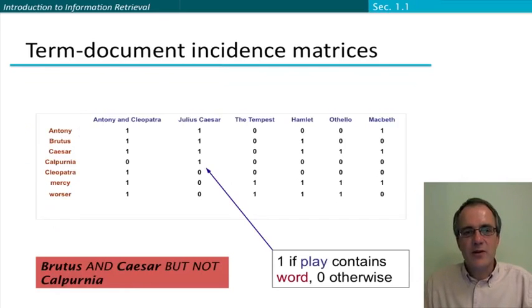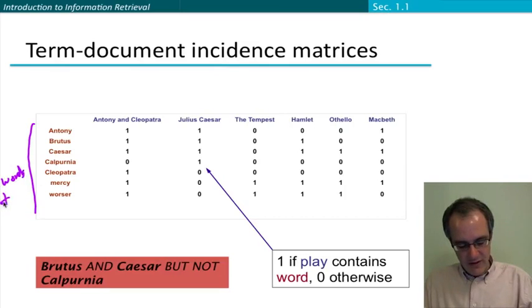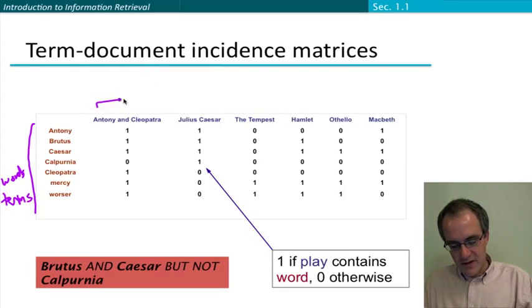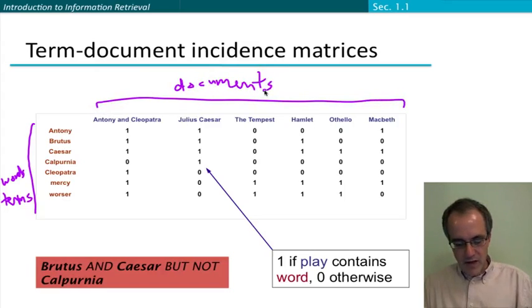So what we do in a term document matrix is that the rows of the matrix are our words, or often they're also called in information retrieval the terms, and then the columns of the matrix are our documents. And what we're doing here is a very simple thing.